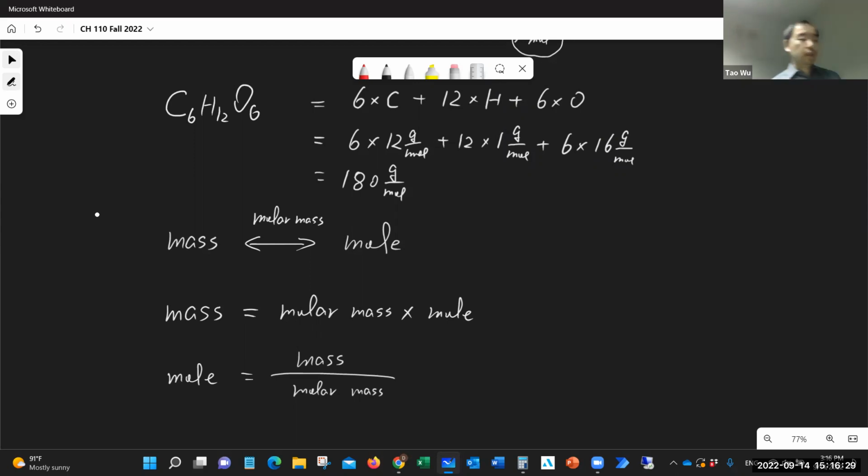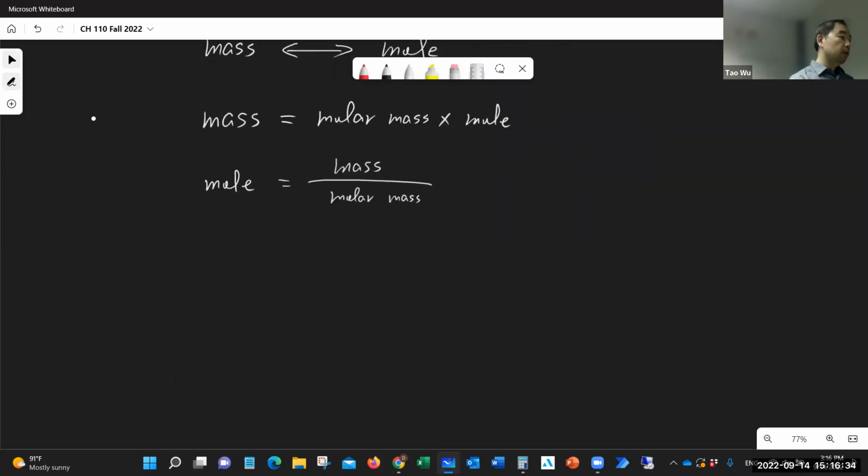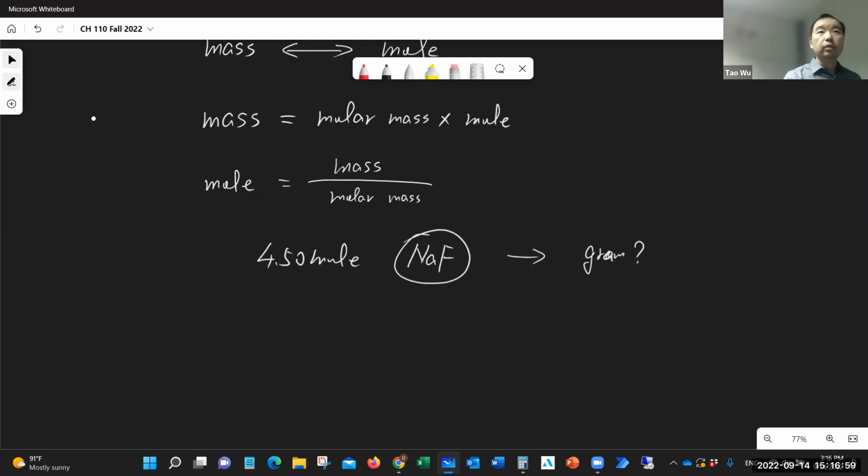Let's work on the first question. It asks how many grams of 4.50 mole of sodium fluoride. So first you need to figure out the molar mass of the sodium fluoride.